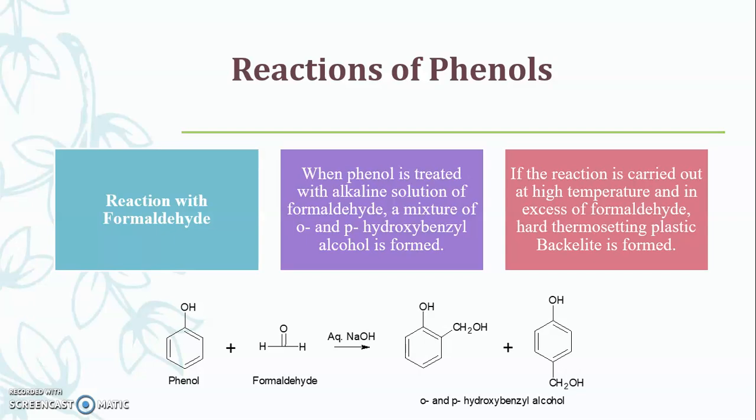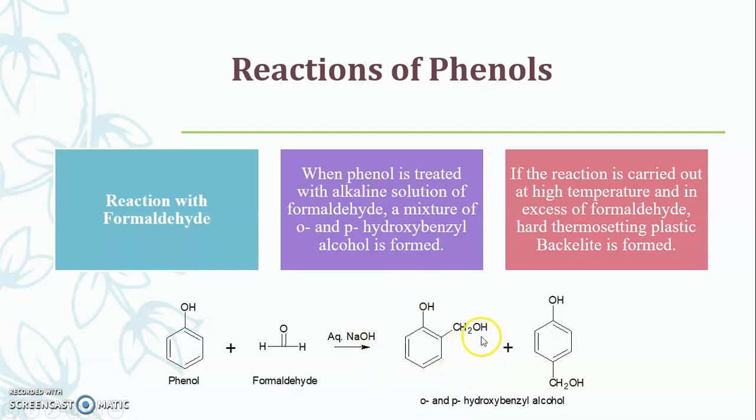It is an important starting material used for the preparation of bakelite, which is a polymer. Here you can see when phenol is treated with formaldehyde in alkaline solution, a mixture of ortho and para hydroxybenzyl alcohol is formed.